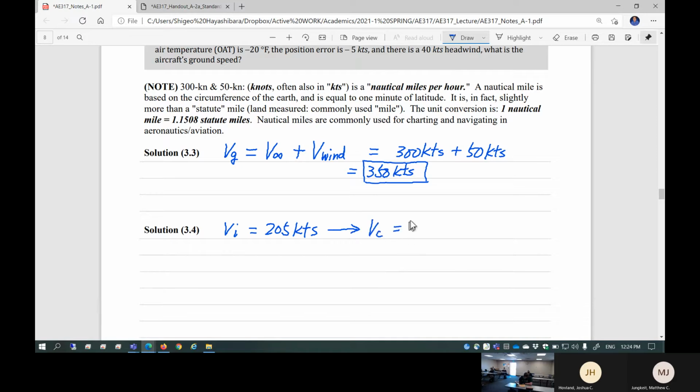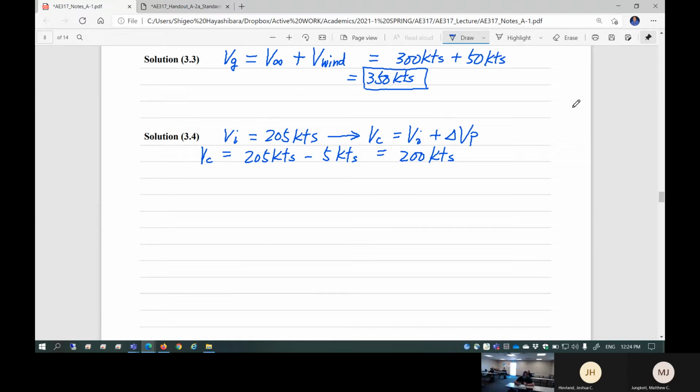Calibrated airspeed is indicated airspeed plus delta P, the position error. So calibrated airspeed is 205 knots minus 5 knots, so you correct it to 200 knots. Okay, so this is the first step.